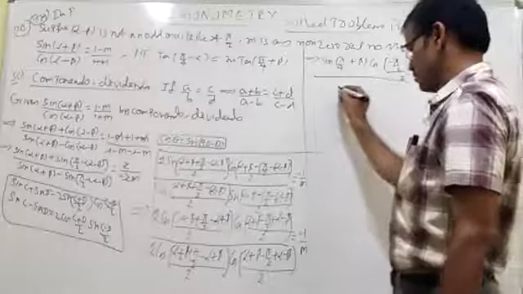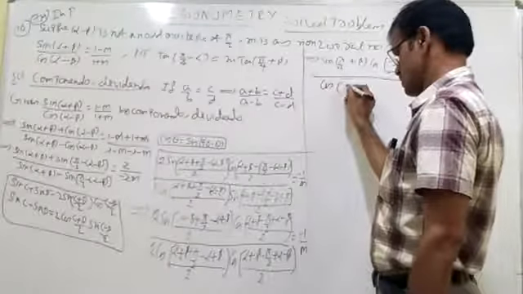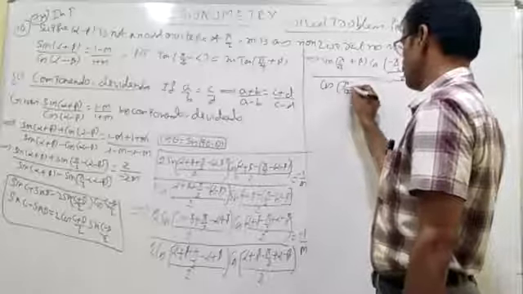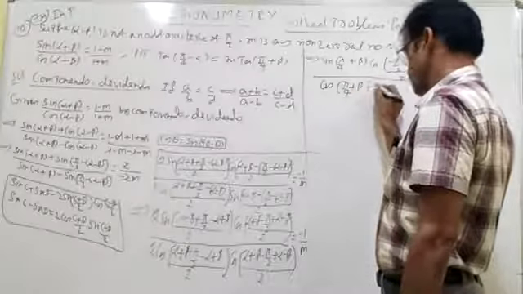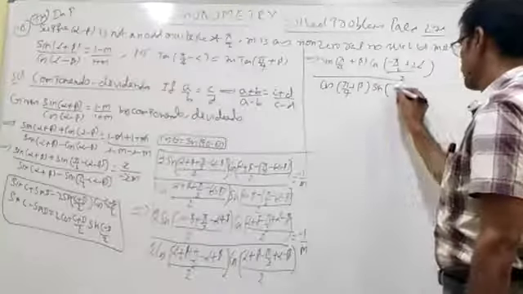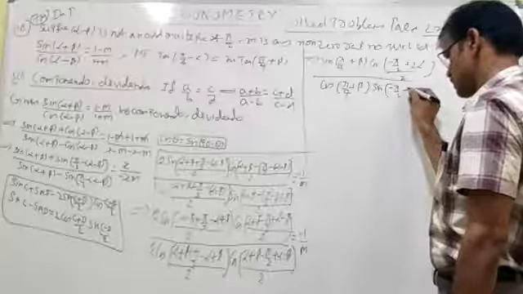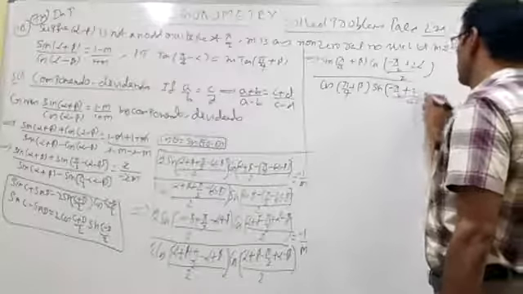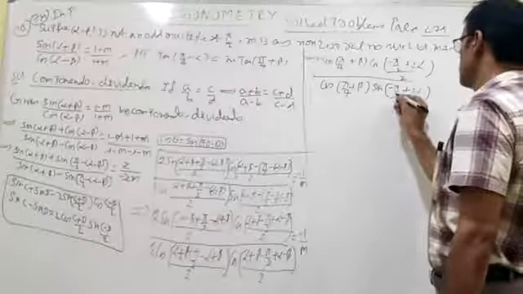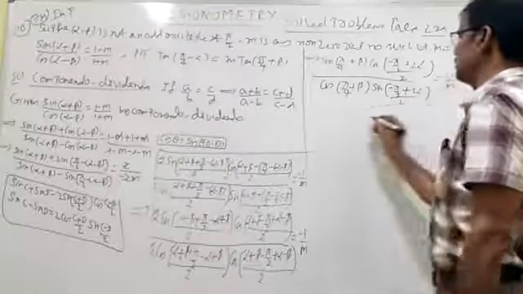In the similar way here, cos of pi by 4 plus beta into sine of minus pi by 2 plus 2 alpha, whole by 2, is equal to minus 1 by m.